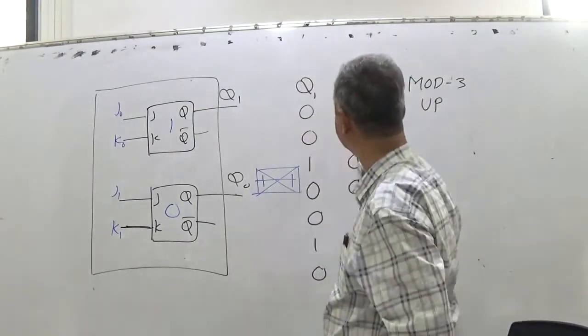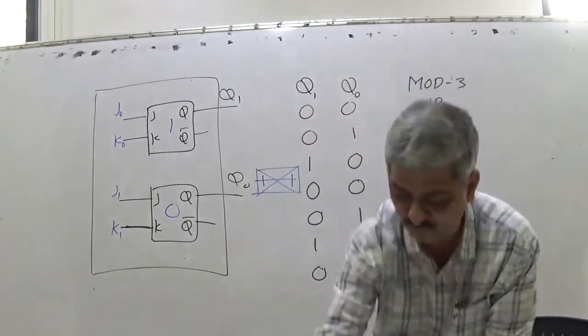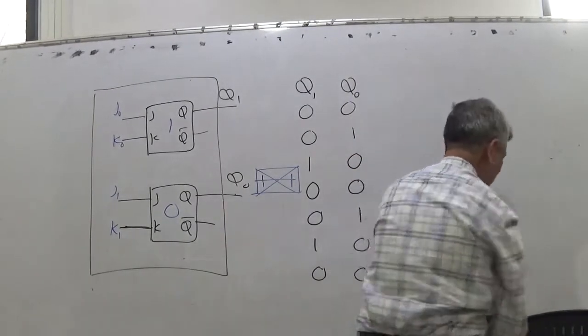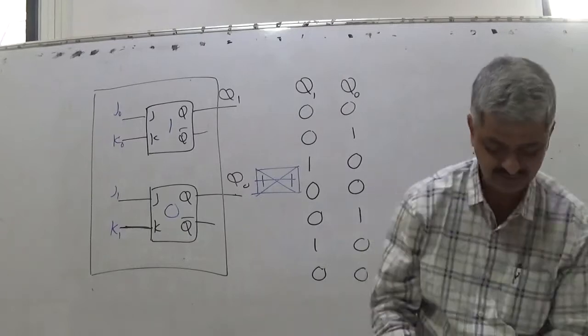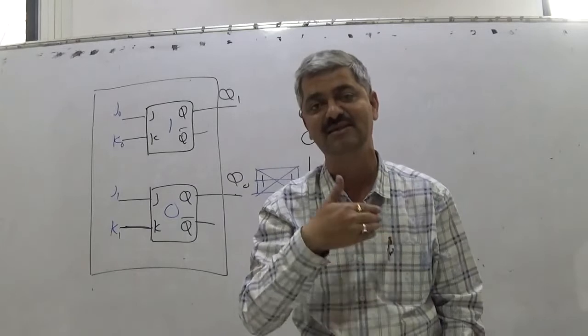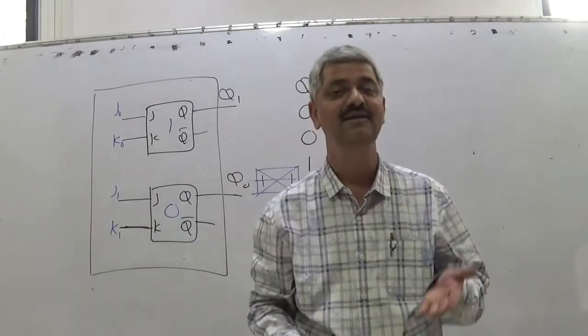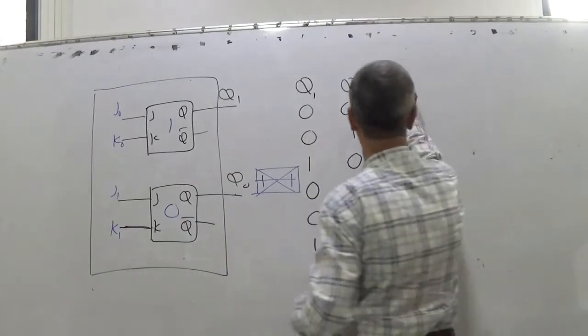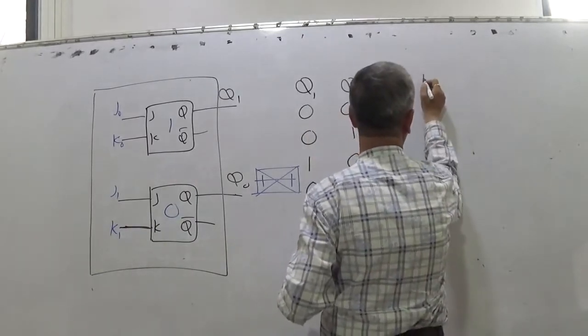based on the current state. So designing a counter now, designing a counter means what? We design in a counting sequence, since the next state depends on the current state, inputs J and K will drive the next state, so outputs decide what the input should be.